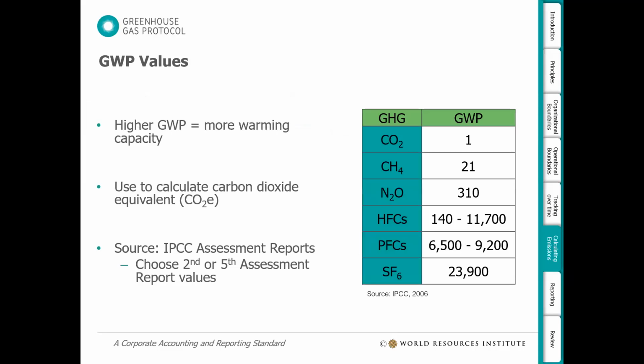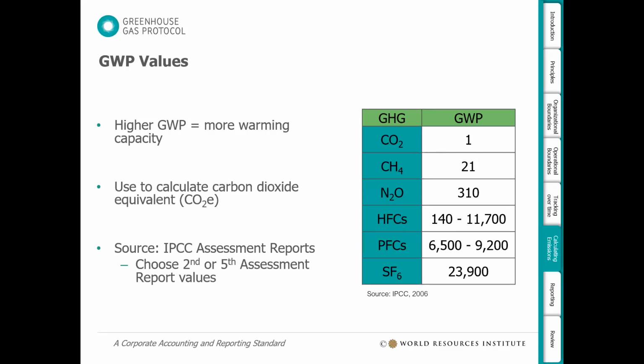The higher the GWP value, the greater the warming capacity of that gas. So carbon dioxide has a GWP value of 1, and a gas that has a GWP value of, say, 10,000 has a much higher warming capacity than carbon dioxide per unit ton gas.